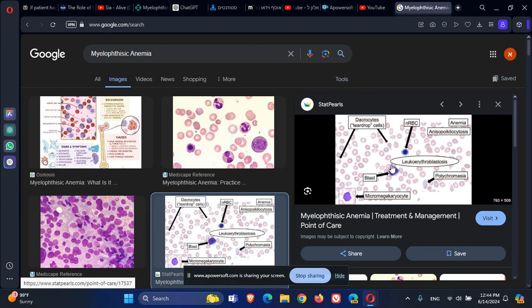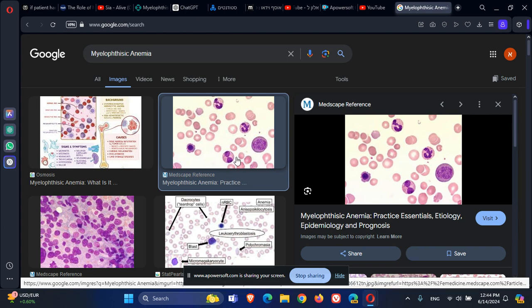Anisocytosis, which means that there is a difference in the size of the blood cells, and poikilocytosis, which means that there is a difference in the shape of the blood cells. Teardrop cells, nucleated red blood cells are usually young shapes of red blood cells. This is the smear you can see.